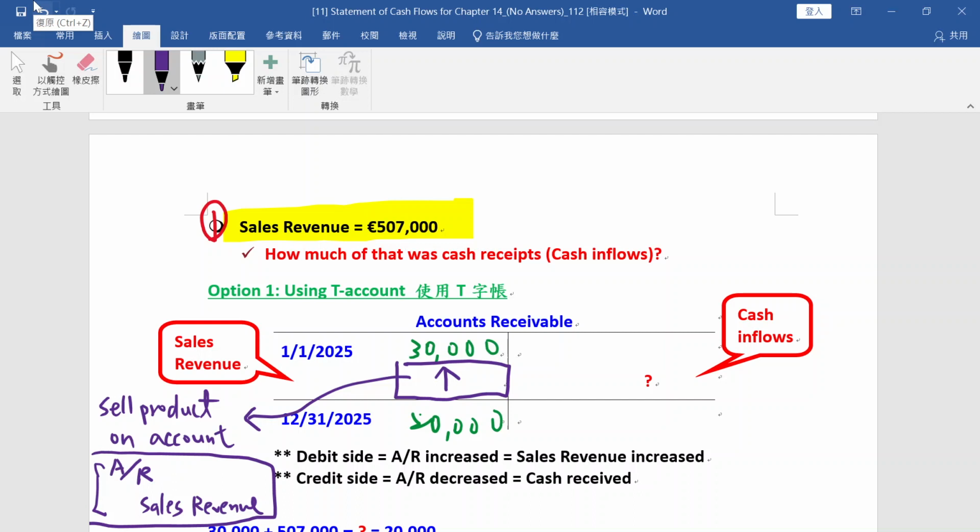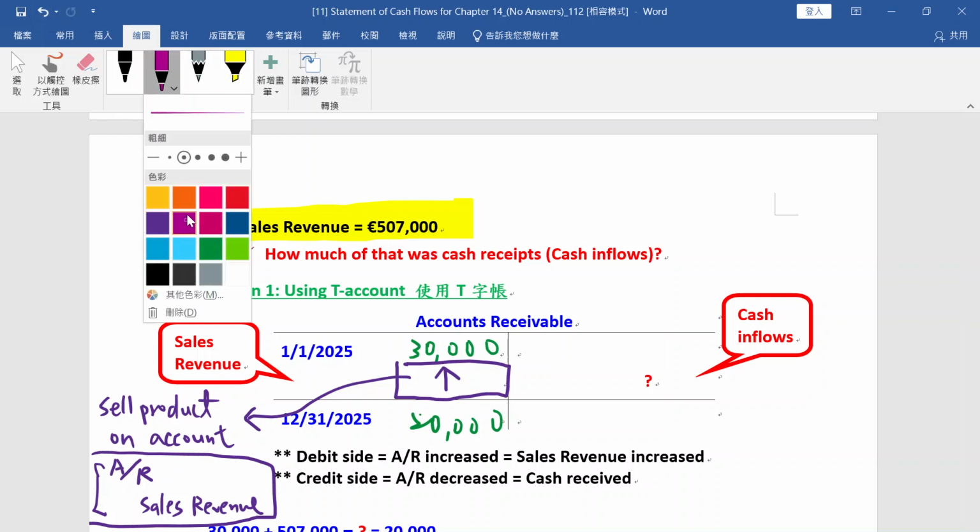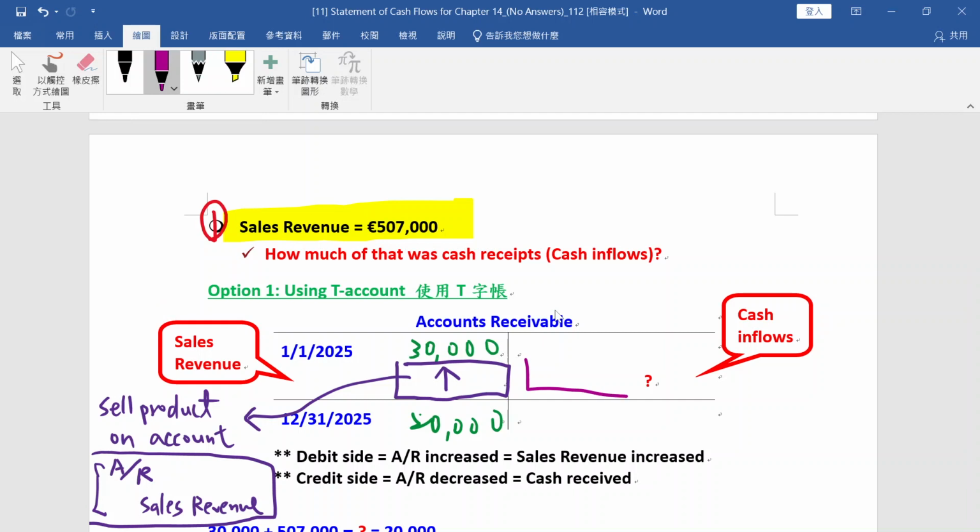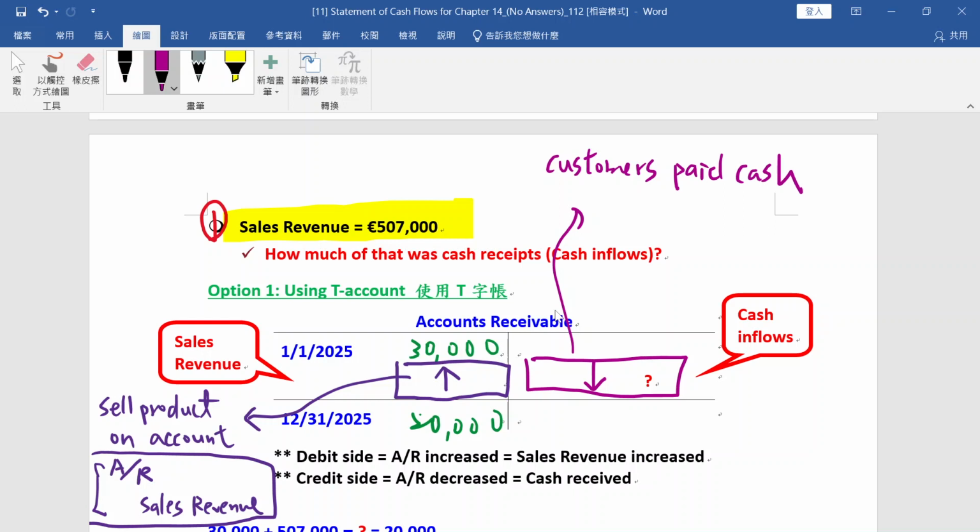What's the reason when your accounts receivable decrease? When the customer pays the money back, right? So they don't owe you money anymore. So what's the reason when your accounts receivable decrease? Customer pays the money back. So what's a debit?